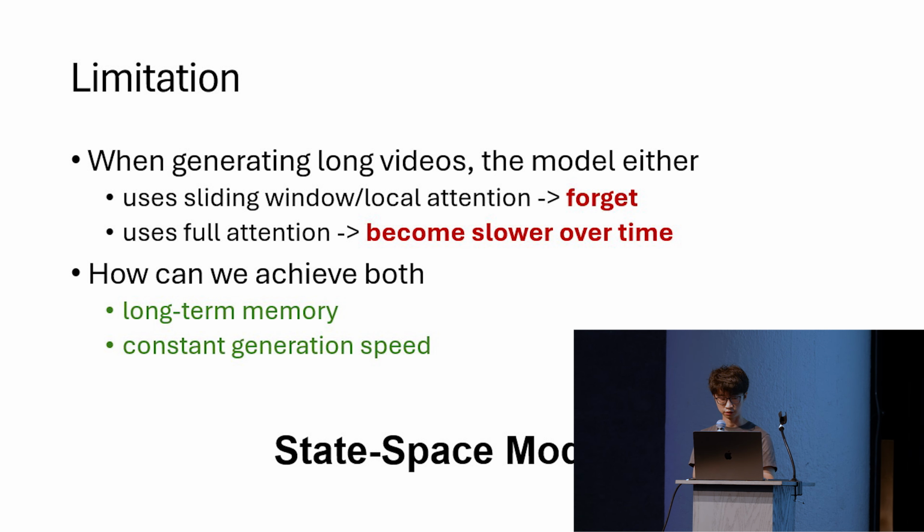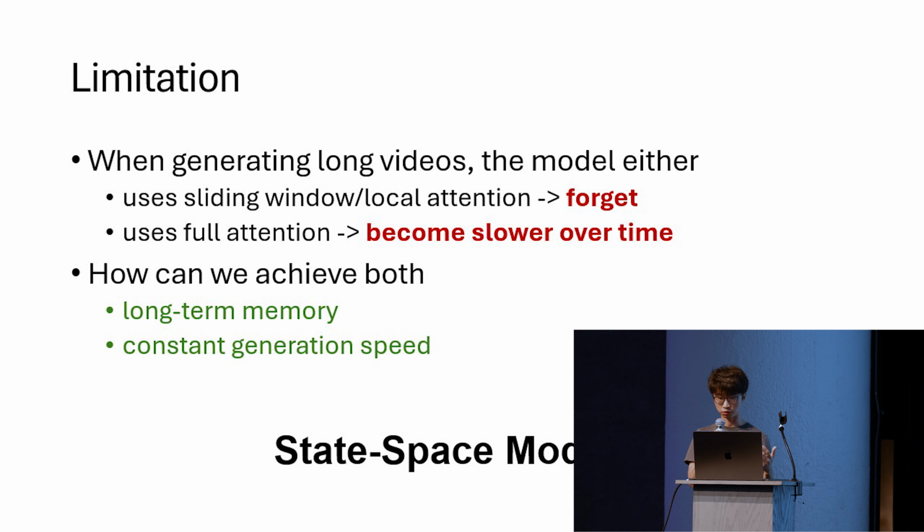For example, with this sink plus local attention, most of the context that is in neither of them will be forgotten by the model. It's okay for some use cases like interactive motion control or video-to-video translation, but for some world simulation cases, you really want the model to remember every detail it has seen.